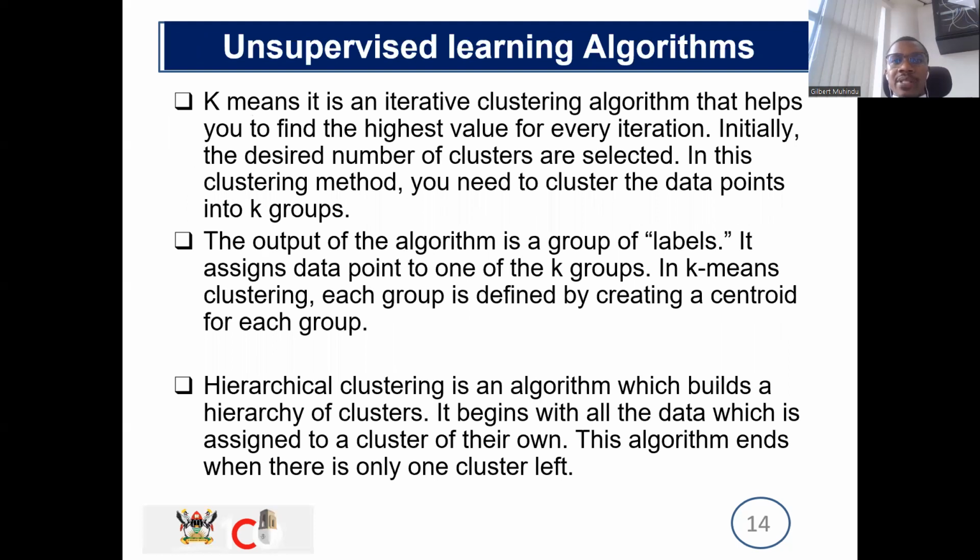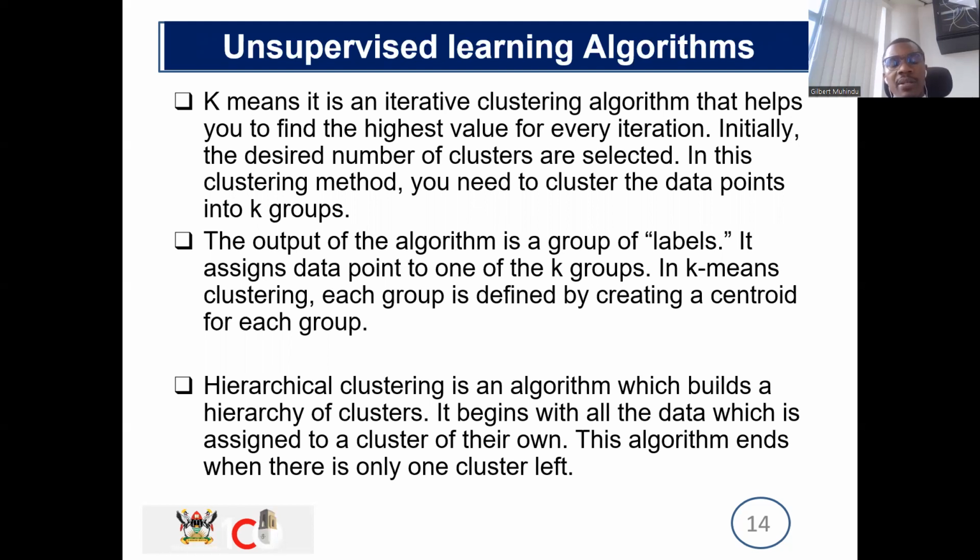Then the unsupervised learning algorithms. We mainly looked at two: k-means and hierarchical clustering. K-means is an iterative clustering algorithm that helps one to find the highest value for every iteration.